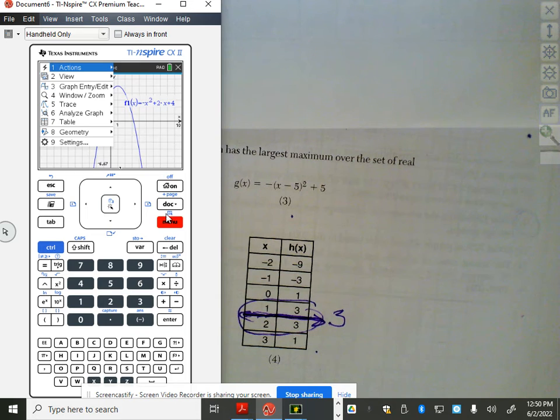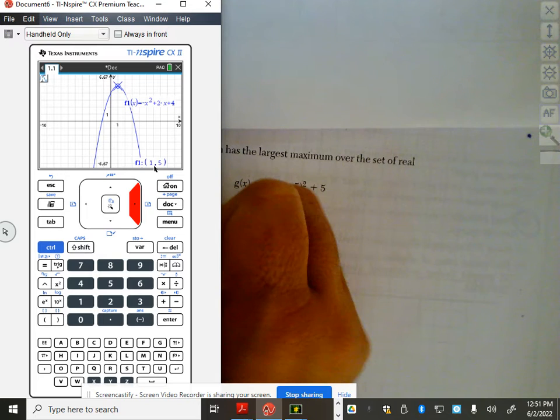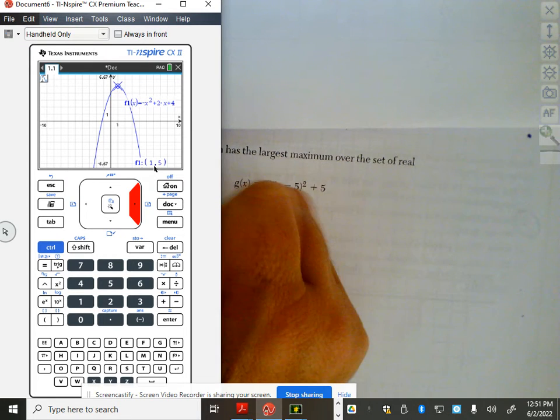Then menu, trace, graph trace, and we're going to trace till we find the maximum value. There's the maximum, and it's at the point 1, 5. So 5 is the value here.